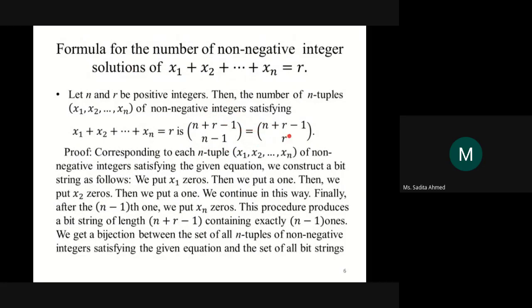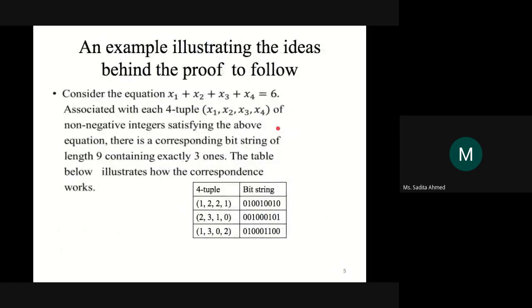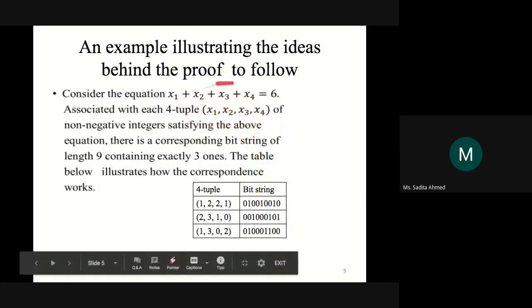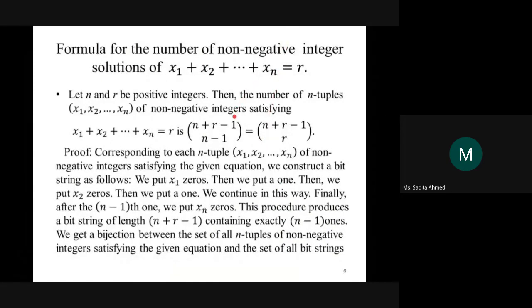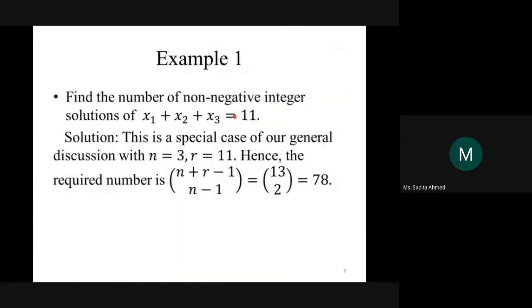Any questions, guys? Any questions or confusions regarding how we got here, or how we established the correlation between the solutions of this and bit strings, and then how we got here basically? Any questions? Okay, good. In that case, let's try to solve this problem.